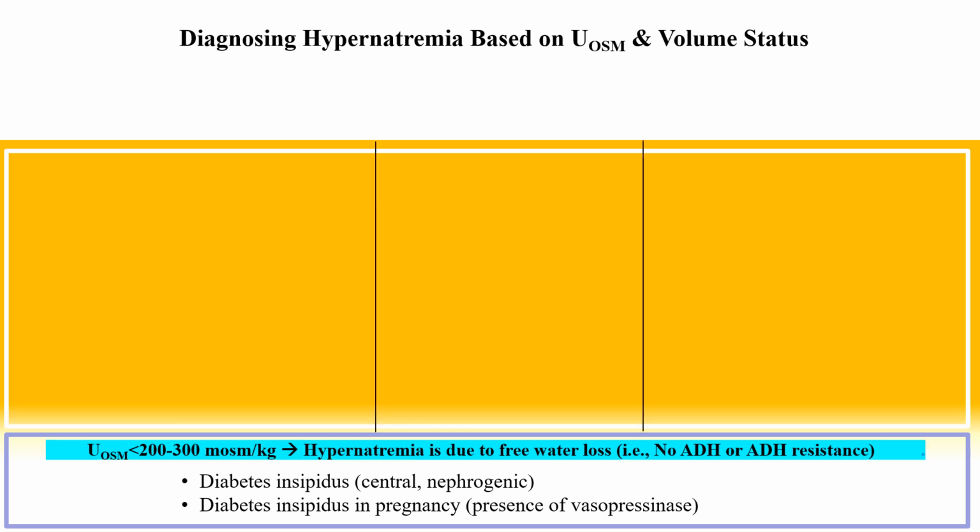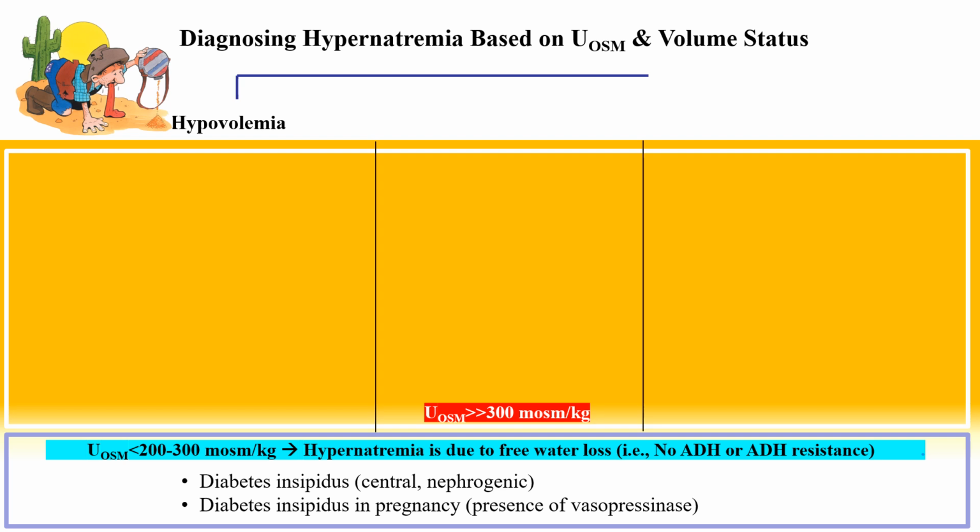When the urine osmolality is high, that is greater than 300 milliosmoles per kg in the setting of hypernatremia, we can look to the patient's volume status for further clues. In the case of hypovolemia, hypernatremia can occur when there is severely low water intake.